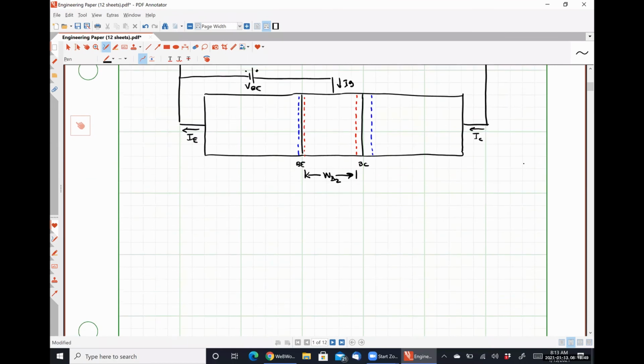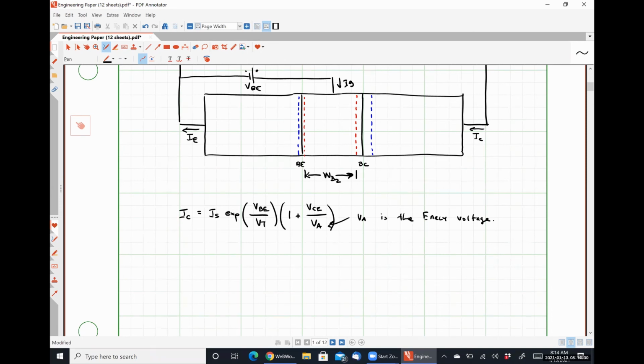So with the early effect included, our new equation will be IC equals IS exp VBE over VT multiplied by 1 plus VCE over VA, where VA is the early voltage, named after the scientist who discovered it.